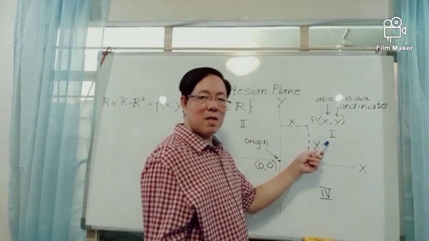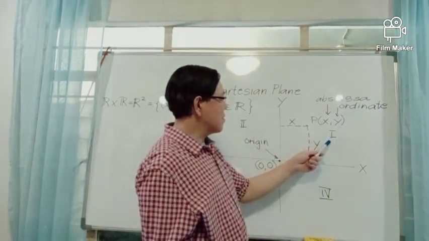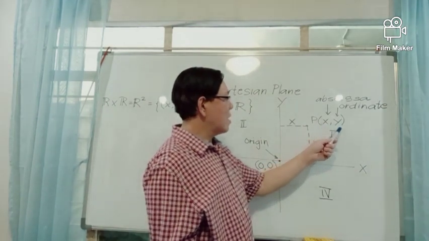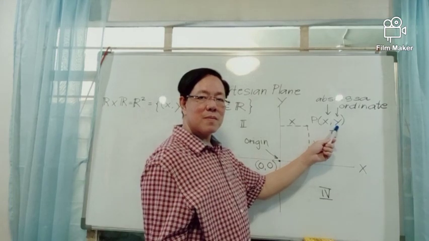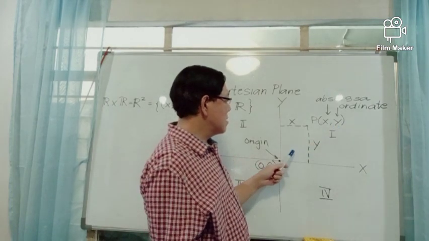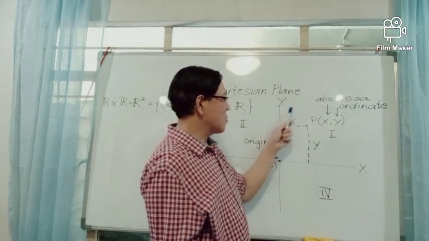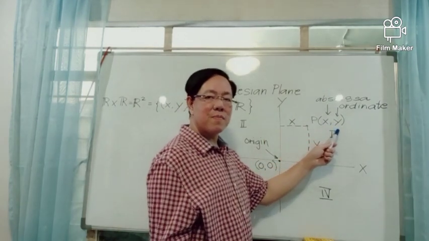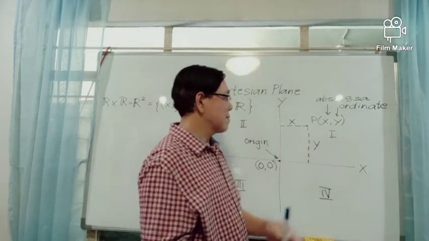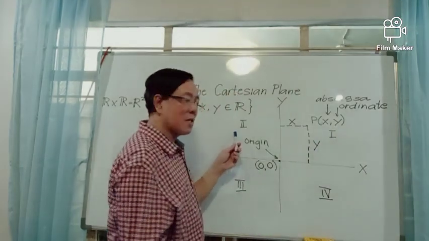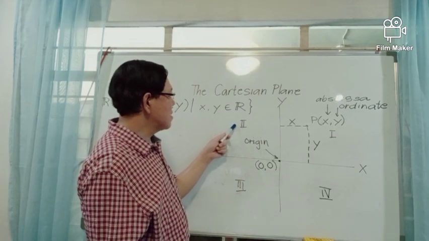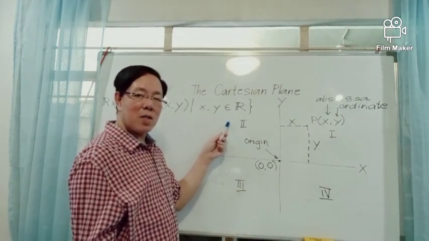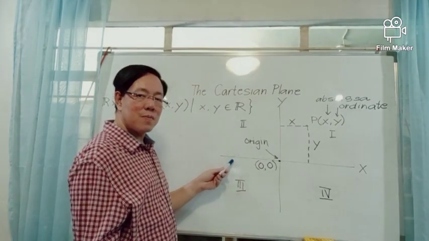Take the first quadrant. Any point in the first quadrant has a positive abscissa and a positive ordinate. That means all the points in the first quadrant have positive abscissa and positive ordinate. In the second quadrant, the abscissa of a point in the second quadrant is negative.